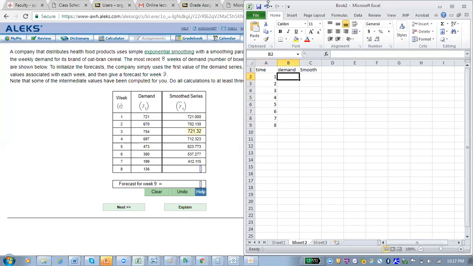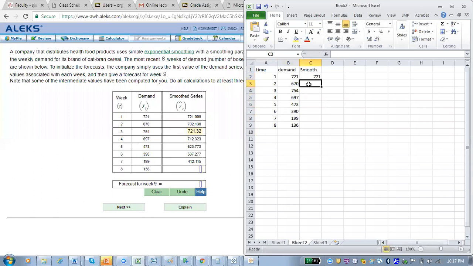We have our demand, and all of the demand is actually given to us: 721, 670, 754, 697, 473, 390, 199, and 136. So those actually happened. That's what y sub t is. And the only one that I'd actually put in here is 721.